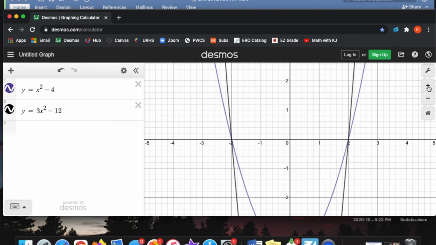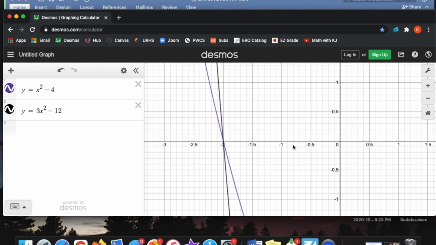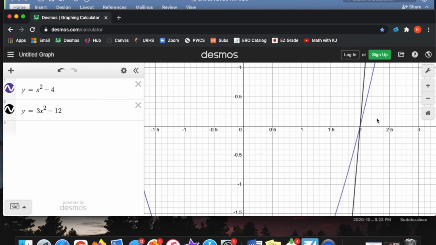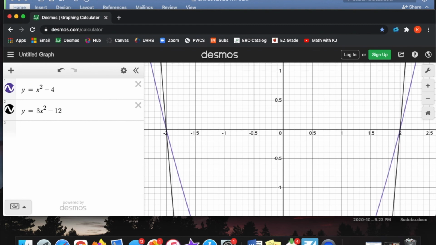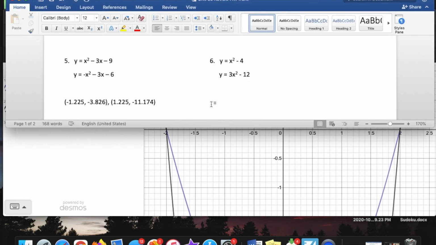Let's zoom in on that just to make sure, right? These intersect at negative 2 comma 0 and positive 2 comma 0. So we see they do intersect each other at those two places right on the axis. So those would be my two solutions: 2, 0 and negative 2, 0.